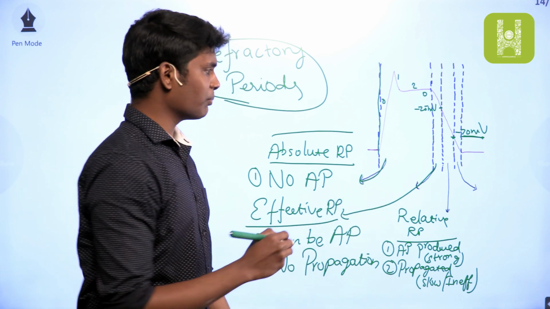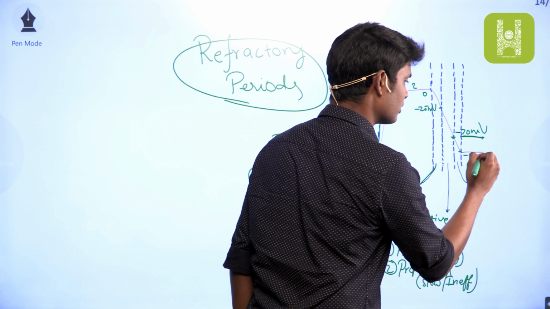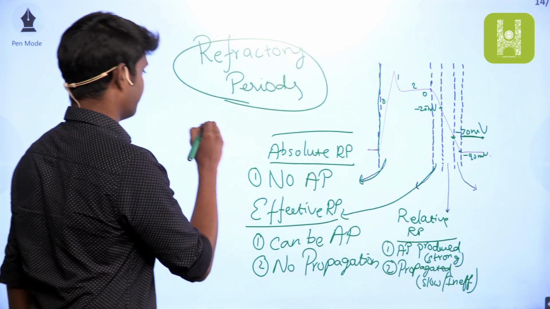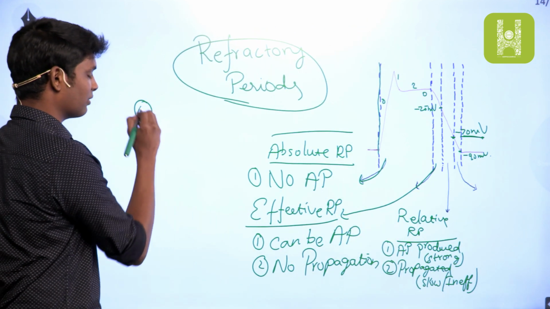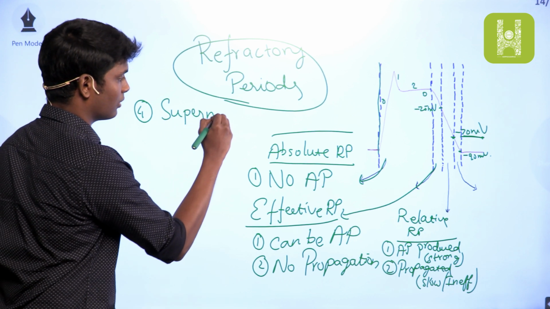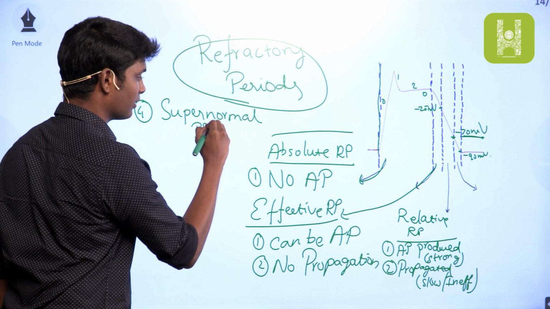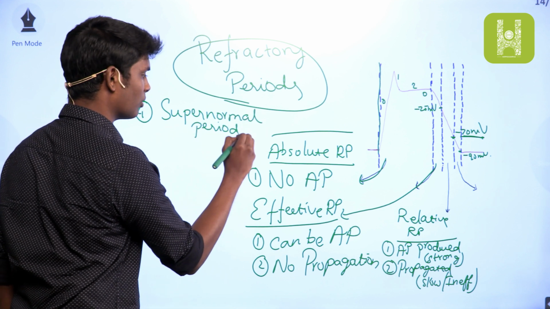And coming to the fourth important thing, which is from minus 70 to minus 90 millivolt. I'll write it here. The fourth part, which is the supernormal period. So why is it called supernormal period?